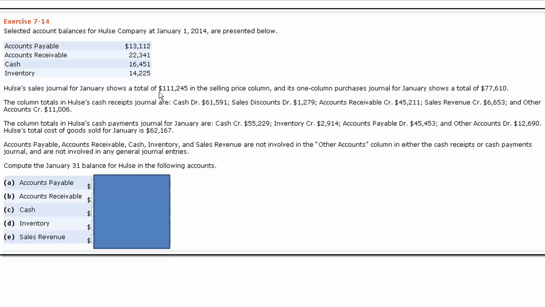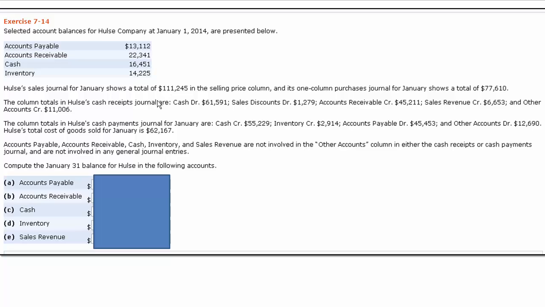So what do we see? A total of $111,000 appearing in the sales journal. Now remember, the sales journal is a one-column journal. It represents sales that would be a credit and a debit to the account that you would use to show sales made on open account to your customers, and then they're going to have to pay for that at some point in the future because it was made on open account.